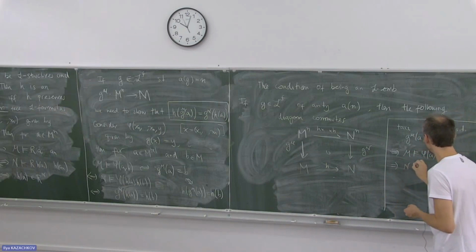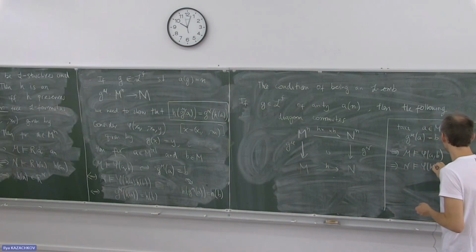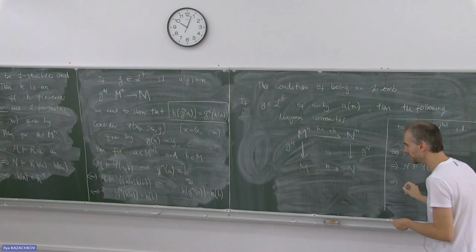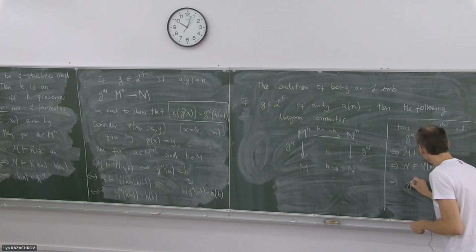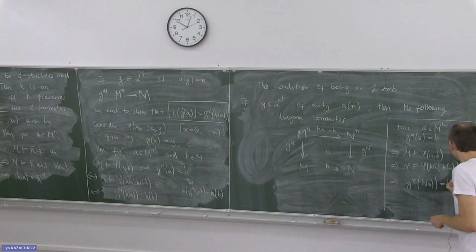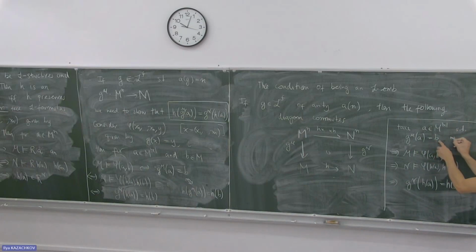And this implies that N satisfies this formula phi of H a, H b. And this indeed implies the last one, that G of N of H a equals H b. And here we're using that this is equivalent to H of G of M of a equals H of b.